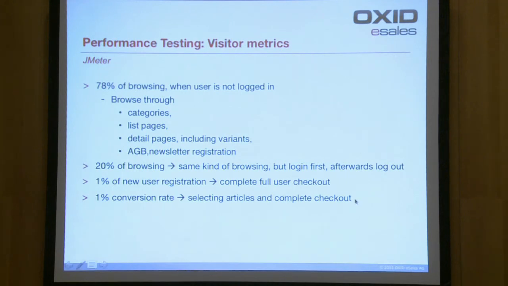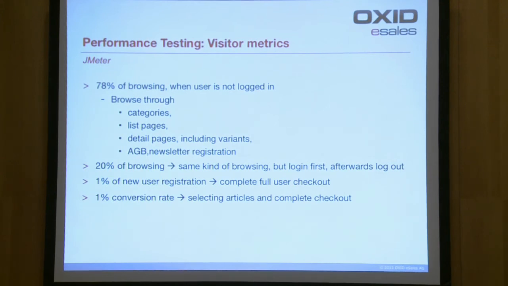Okay, so the scenario that we tested was almost 80% anonymous users. They did a lot of different stuff. They were browsing through categories, listing pages, searching, looking at the list pages, going to certain products, looking at the detail pages, including variants, because variants are always performance critical. Even going to the help pages, newsletter registration. We had 1% of new users actually going through the whole user registration.